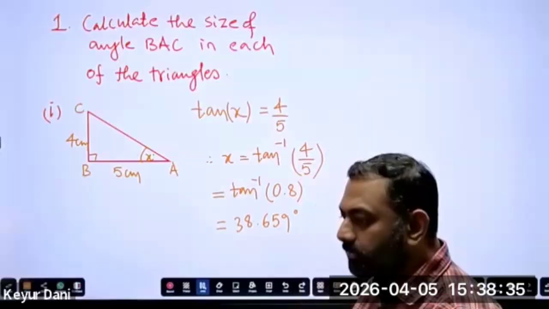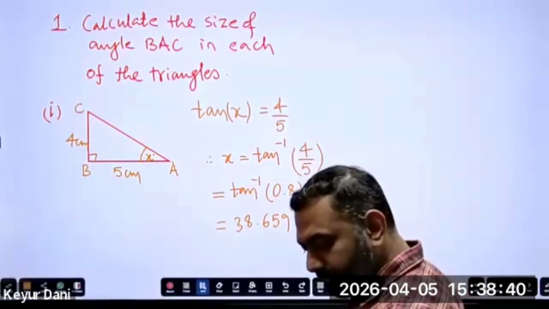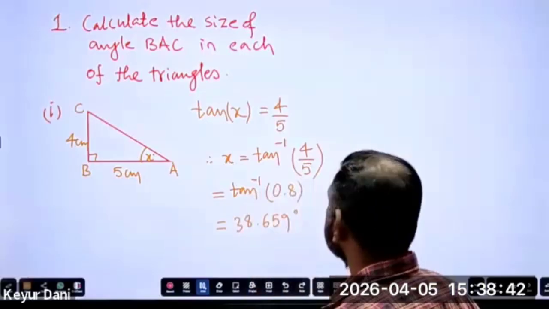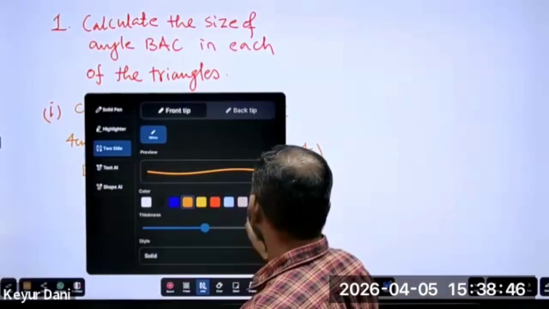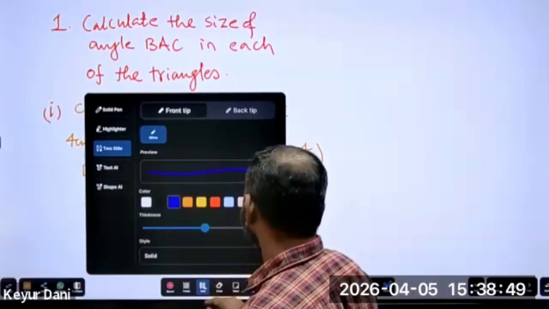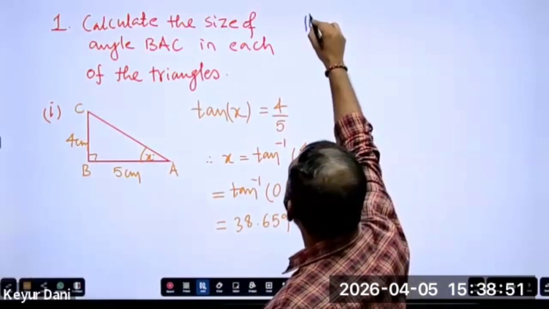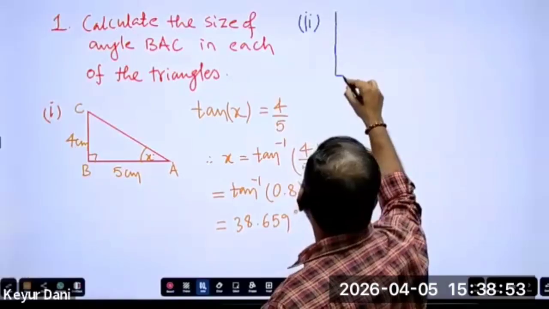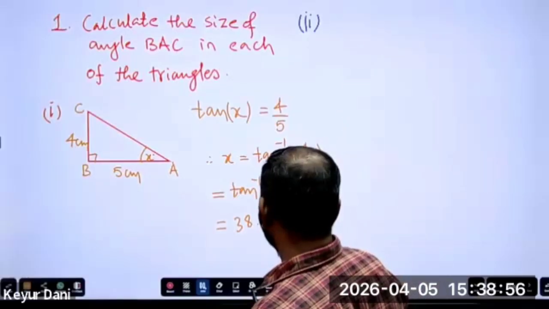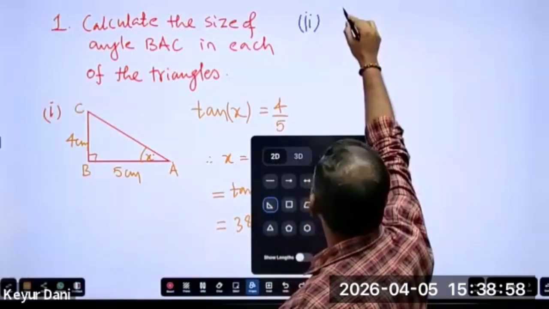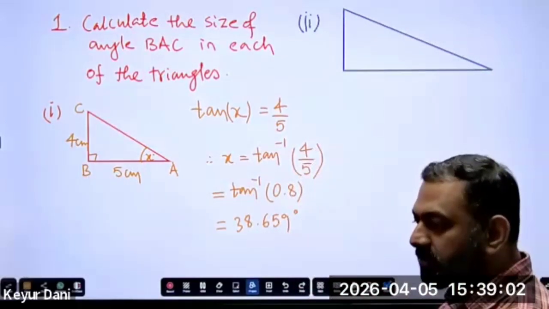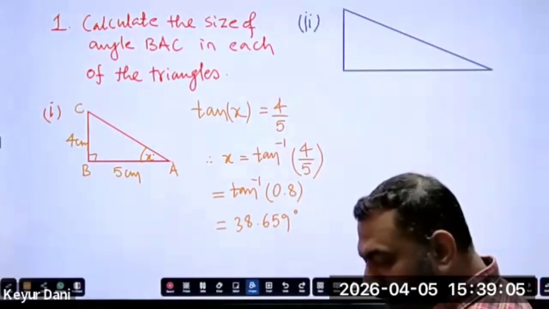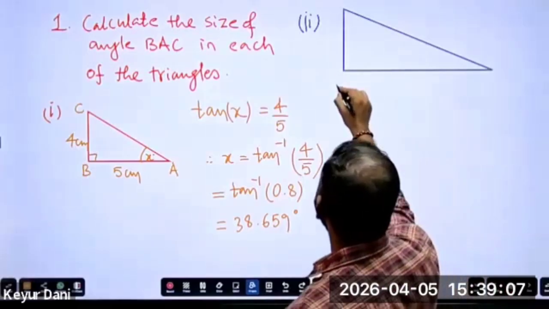Understood? So I'll give you one more. You will solve it by yourself. The triangle is something like this. Second one. It is this triangle. Angle BAC is what we need.